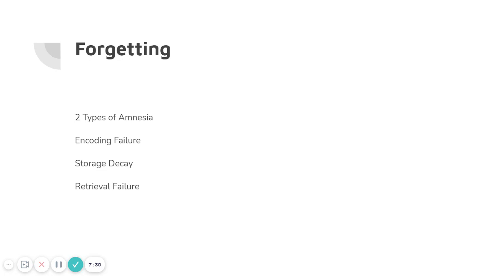Okay, there's also repression and suppression. Repression is unconscious. This is where you push your thoughts out of your awareness, like when you repress some traumatic event that you just don't want to think about anymore. That's done unconsciously by your brain. Then you have suppression, where you deliberately try to forget something.